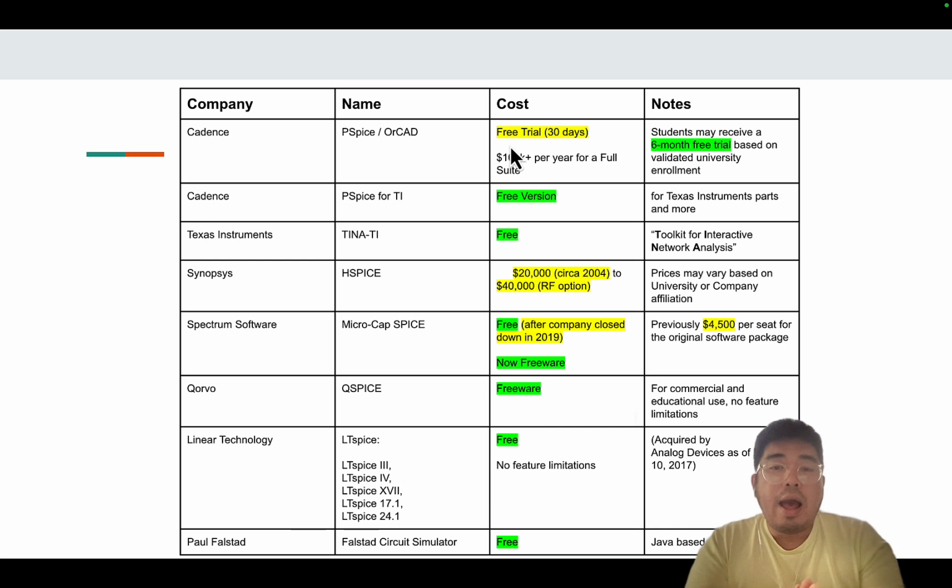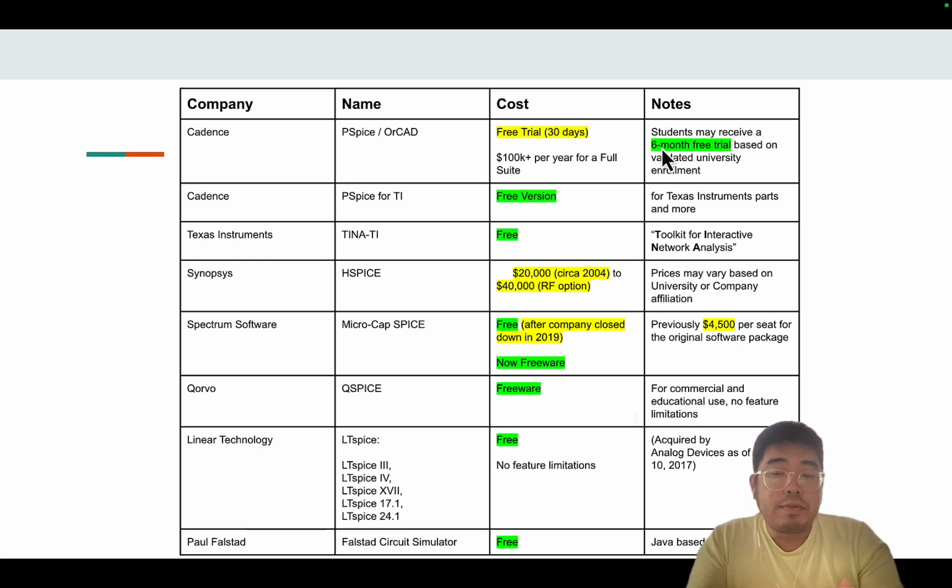Each of these comes at a different cost or price tag. Cadence is the most widely known and widely used as well. There is a free trial for 30 days, and it may cost up to $100,000 plus several hundred thousand dollars to use the software.